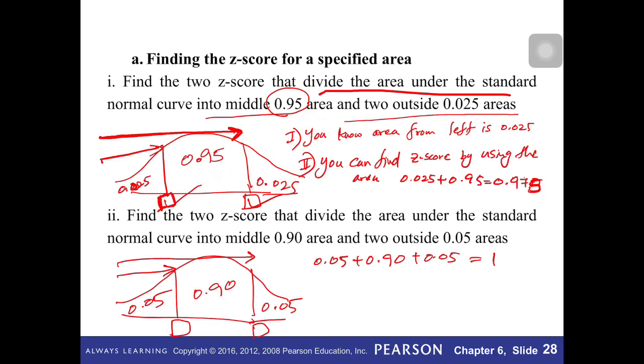I hope you understand how to find the z-score given an area. Next, given a z-score, find the area. Those two are the specific cases in this section 6.2. I believe you will be able to figure out how to deal with these kinds of problems. Thank you very much for joining this video.